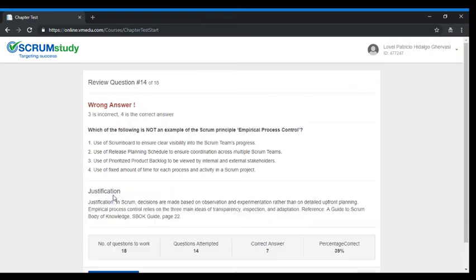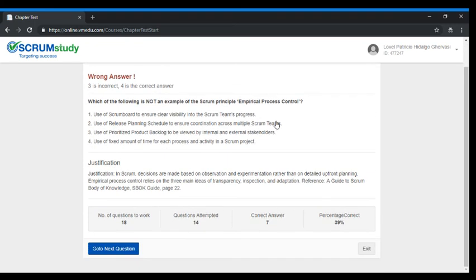No, la 2 no es. La 3 tampoco, por ende nos queda la 4. La 1 estaba seguro que no es. Pero la 4: usar una cantidad arreglada de tiempo para cada proceso de actividad en un proyecto de Scrum. Correcto, lo que les expliqué hace unos momentos también.